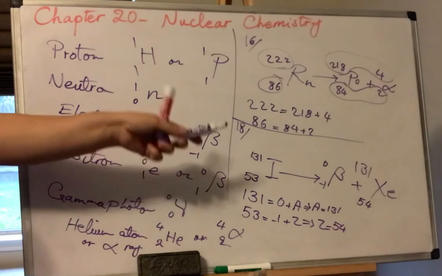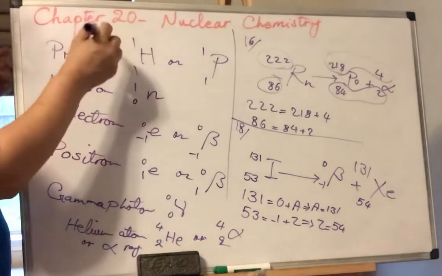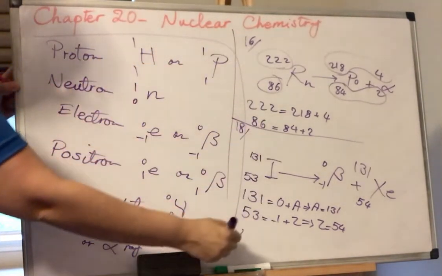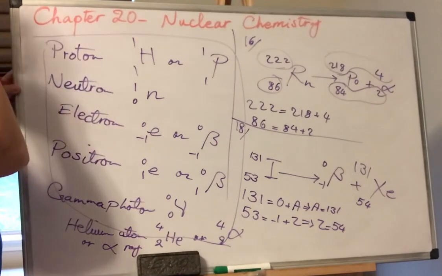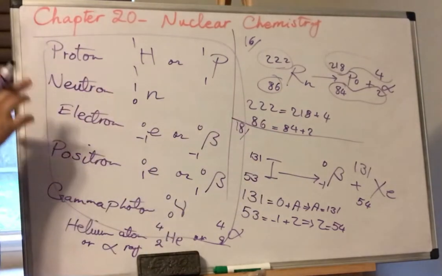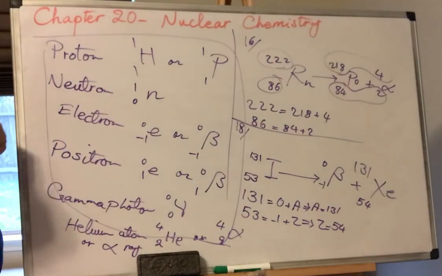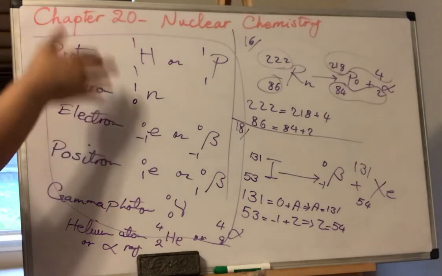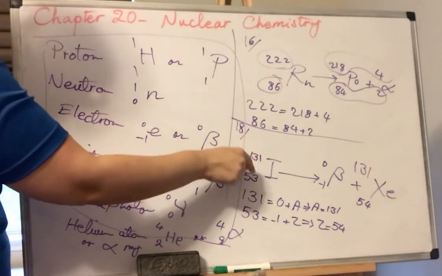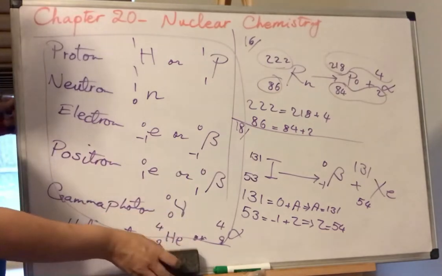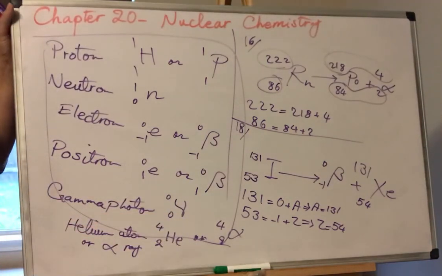So this is the first thing you need to know. First, you need to know these really well, memorize them. And then, if you need to find a missing element or particle in the equations, then you can easily just go by the atomic masses or atomic numbers.